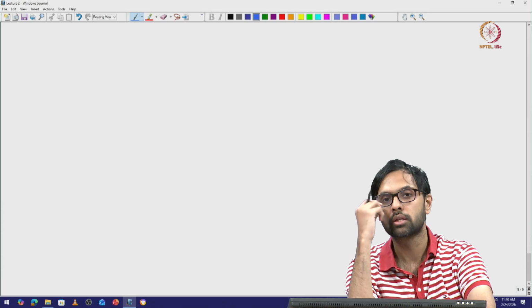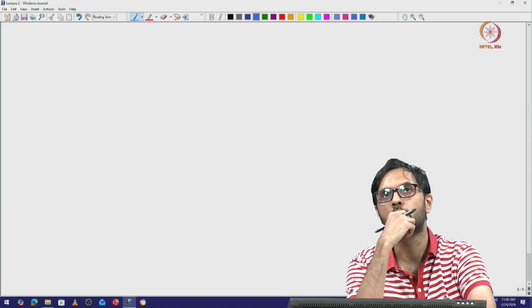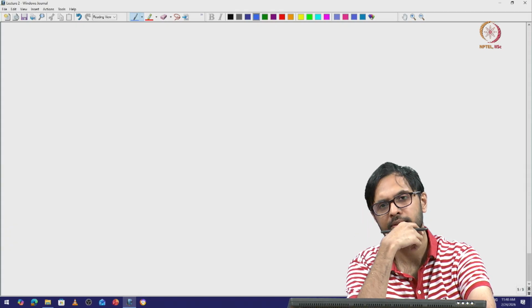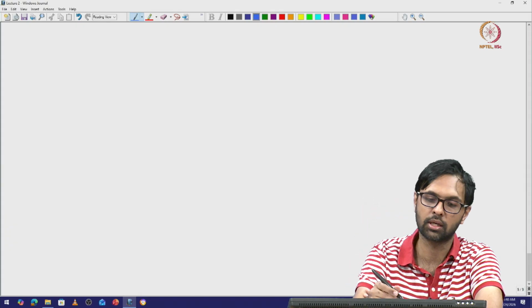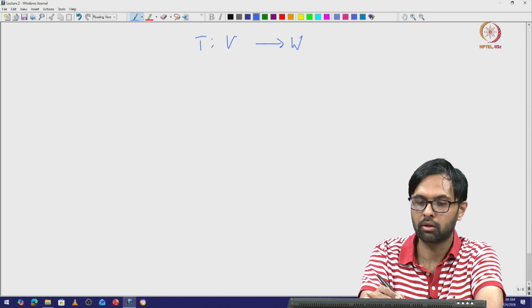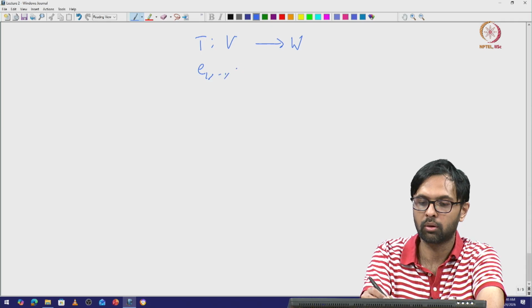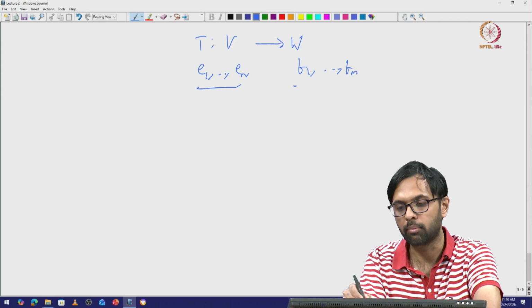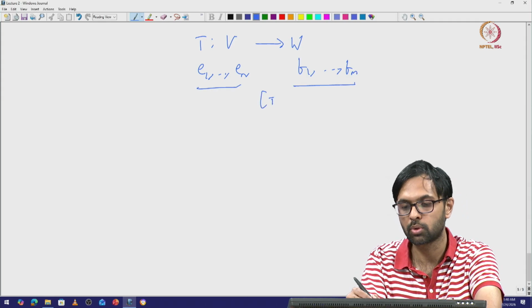Now let's return to this question as to what happens if I choose a different basis. So if I have, let's say, a vector space V and a linear map, and let's say I have E1 to En and F1 to Fm. If I change these ordered bases, the corresponding matrix will certainly change.